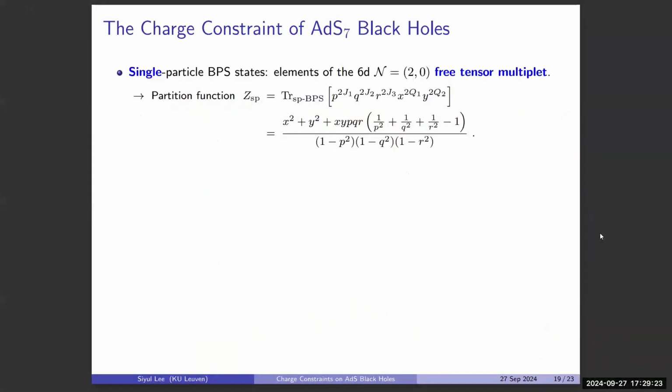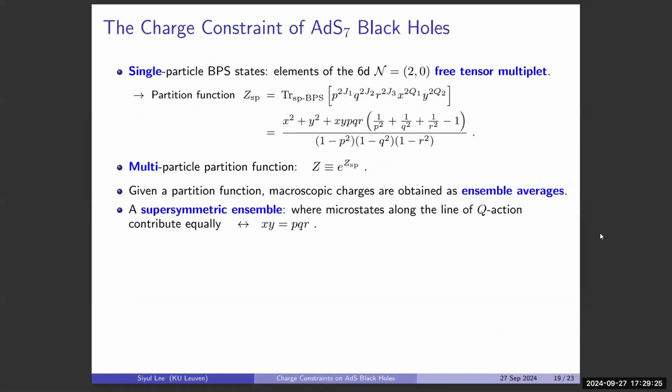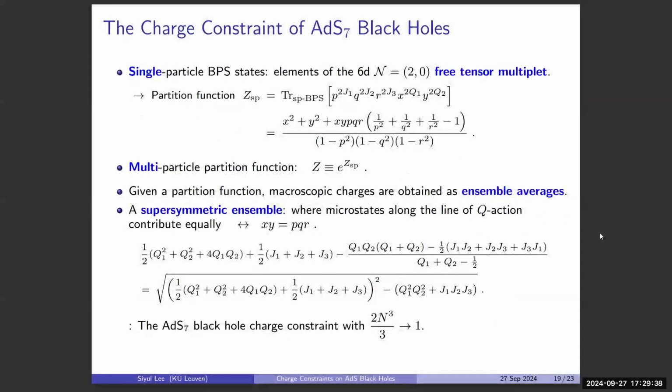Writing the single particle partition function, taking a simple exponential, taking the ensemble averages to compute the macroscopic charges, and finally imposing the condition that the states along the red line are counted equally, then you recover this relation, which is the charge constraint that you saw on the previous slide, except that n cubed has to be related by this O(1) factor.